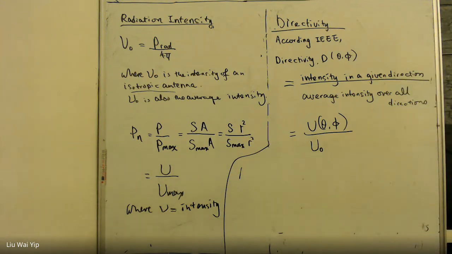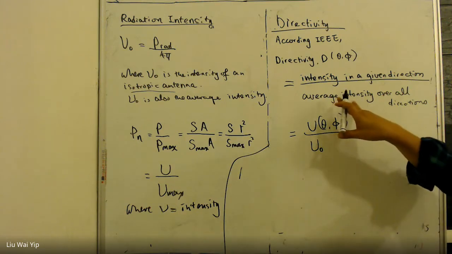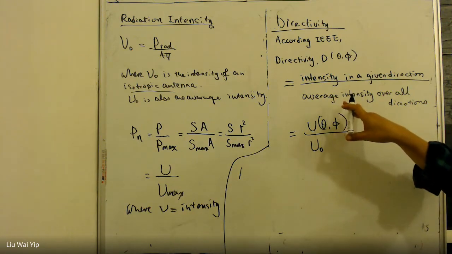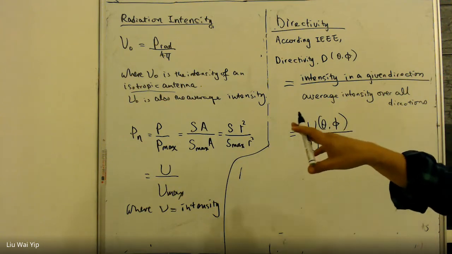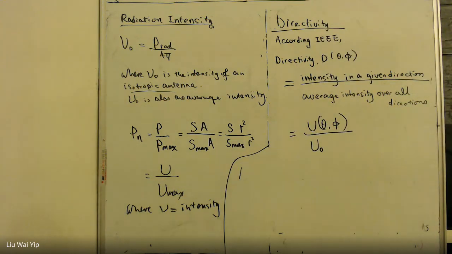There is no direction for the bottom expression because the average intensity is the same in all directions.